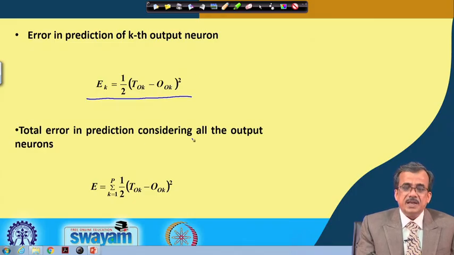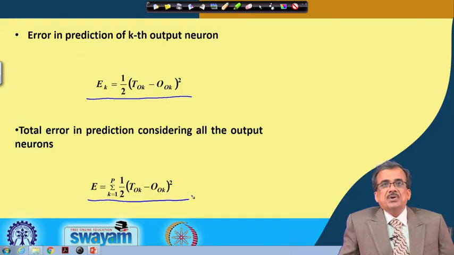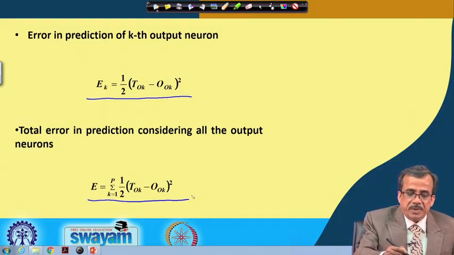Then the total error in prediction, considering all the output neurons, is E = summation k equals 1 to P of 1/2 (T_Ok − O_Ok)². So, by using this we can find out the total error in prediction.